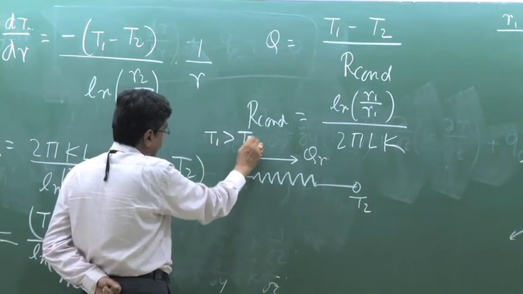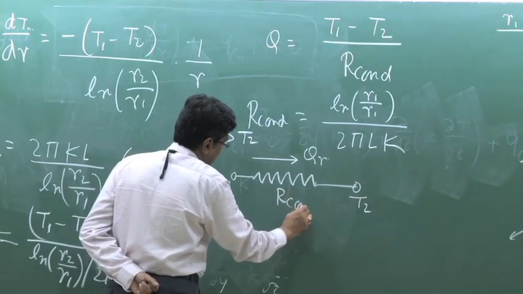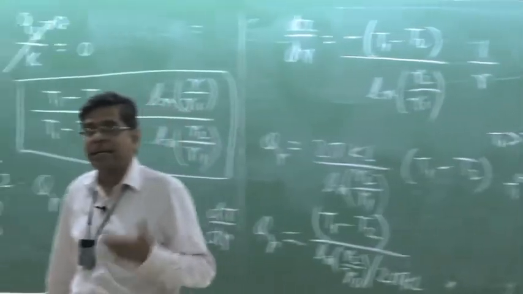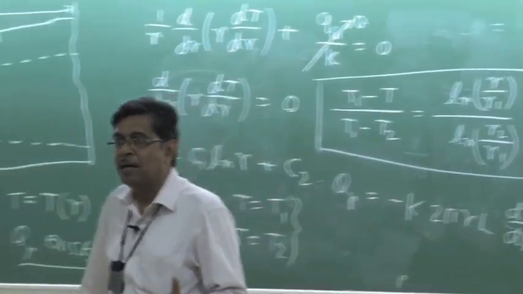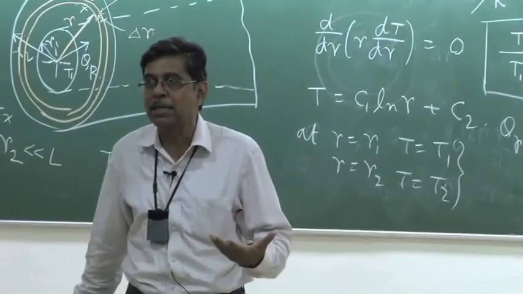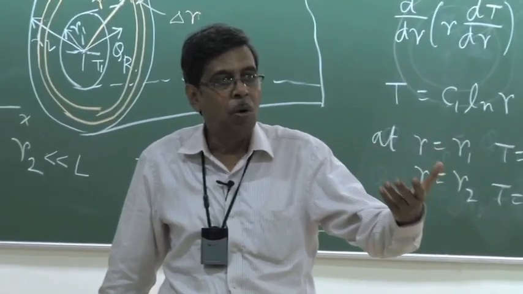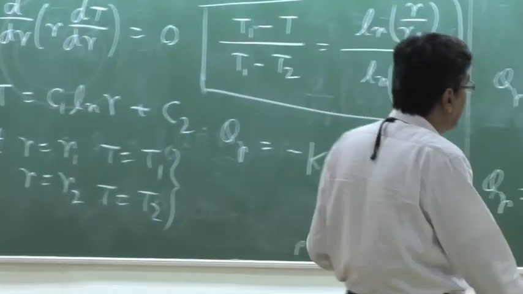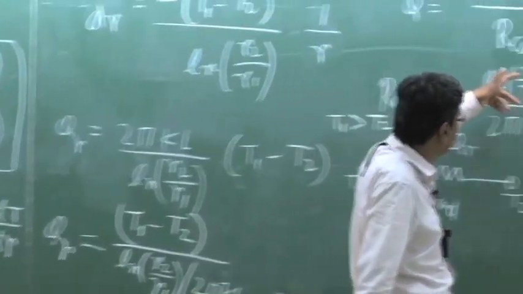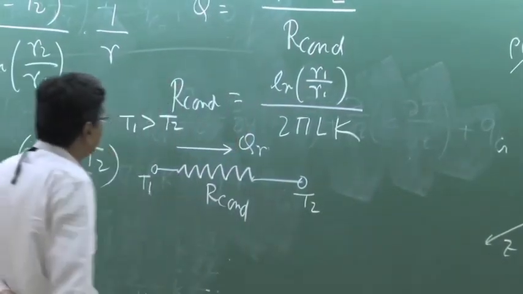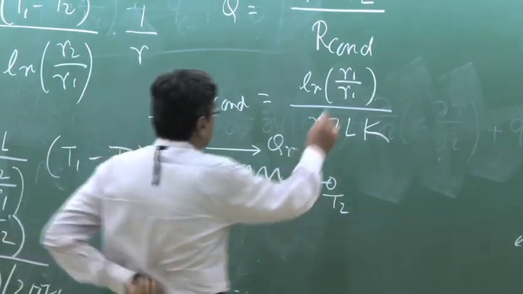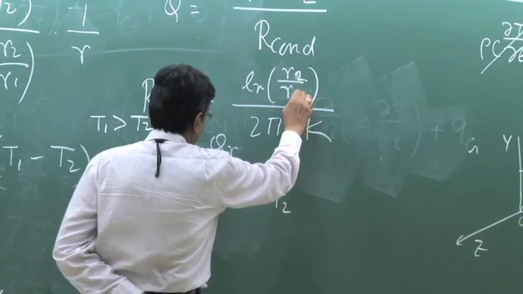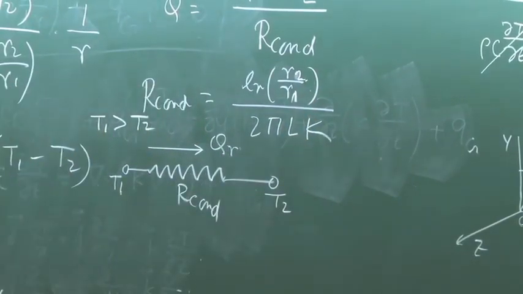And this is the conduction resistance, which in case of a plane surface was L by K. In case of a cylindrical wall it is ln R2 by R1, or whatever nomenclature you use, Ro by Ri, outer radius to inner radius, that means ln of the ratio of the two radii, R2 by R1, divided by 2 pi L k.